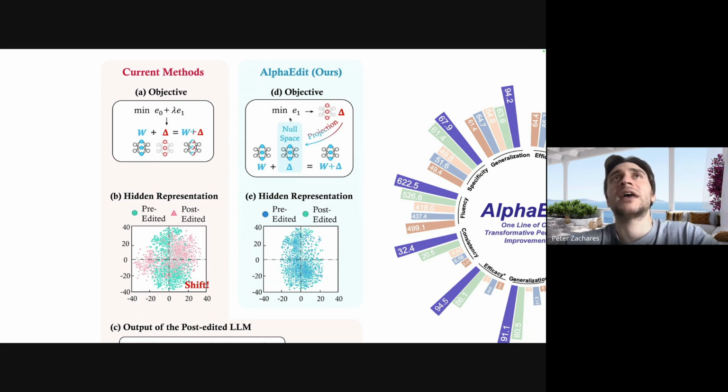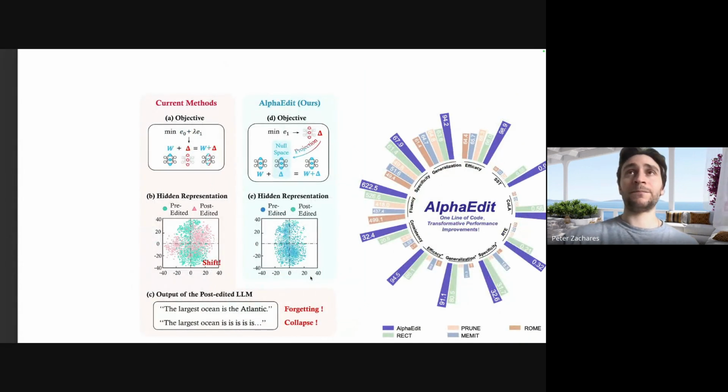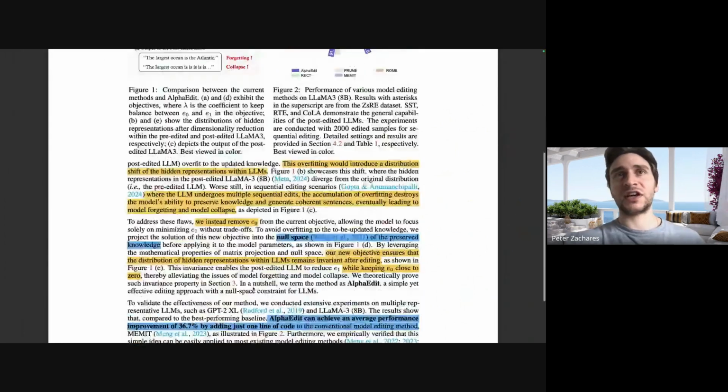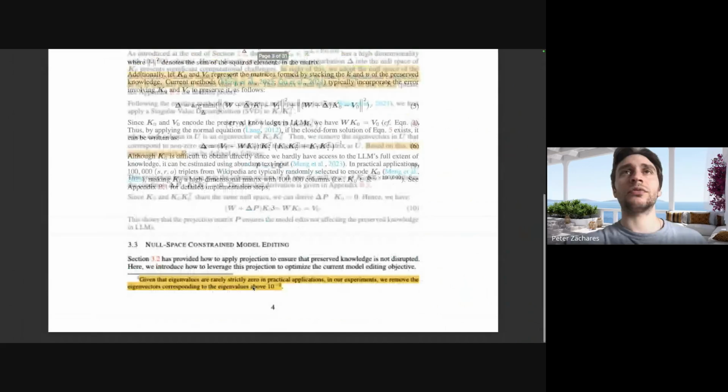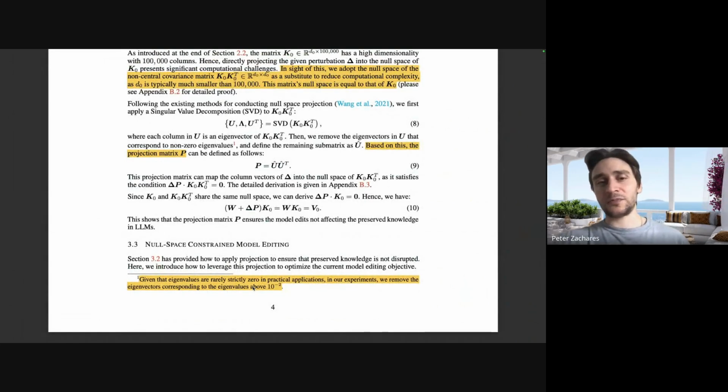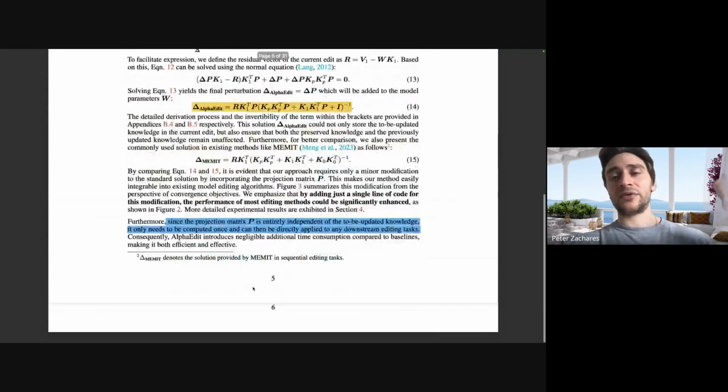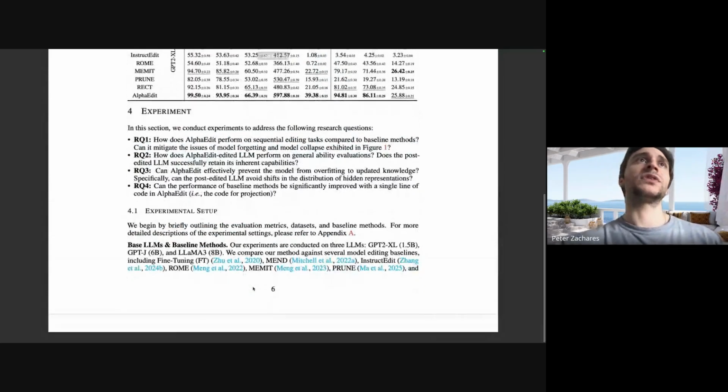In the AlphaEdit case, they look pretty similar. They argue that's a good indication that you haven't really edited the preserved knowledge that much, because that distribution still looks the same in these scatter plots. They have some other scatter plots which show that, which we'll go through later. I hope that makes it clear what they mean by distribution shift and how they're thinking about knowledge being preserved. Okay.